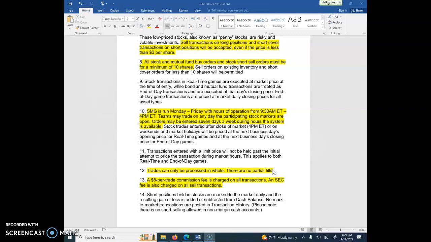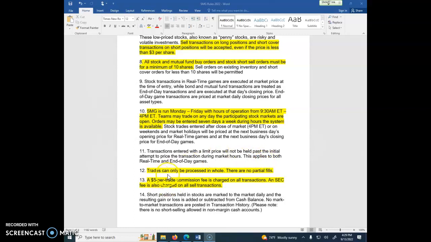So if I go over that amount, you might think, well, gosh, maybe it'll just allow me to buy the maximum amount. No, if you enter a purchase order and the order is bigger than the market will allow you to place, then the entire order will be canceled. Okay, it won't fulfill a partial order. The entire order will be canceled in that situation.